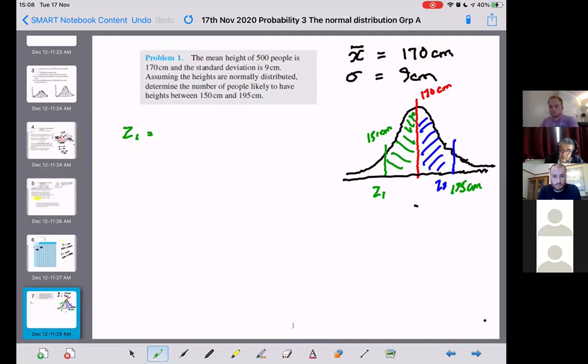With Z1 we're talking about 150 minus X bar 170 over the standard deviation 9 equals. Put that in your calculators and see what you get.